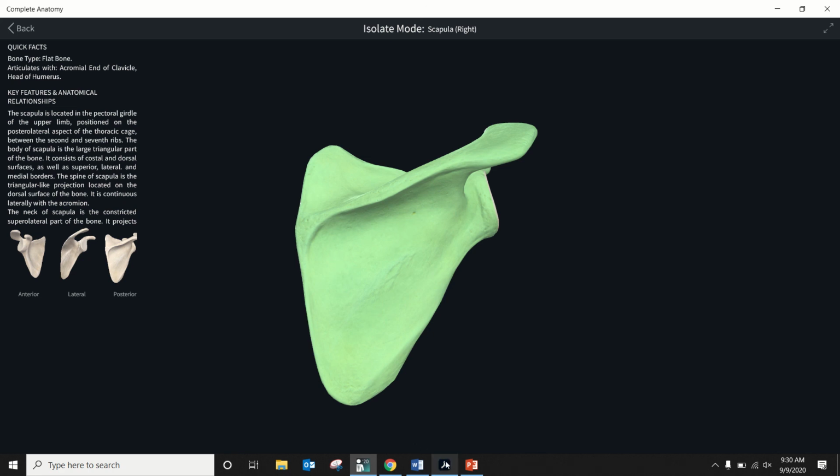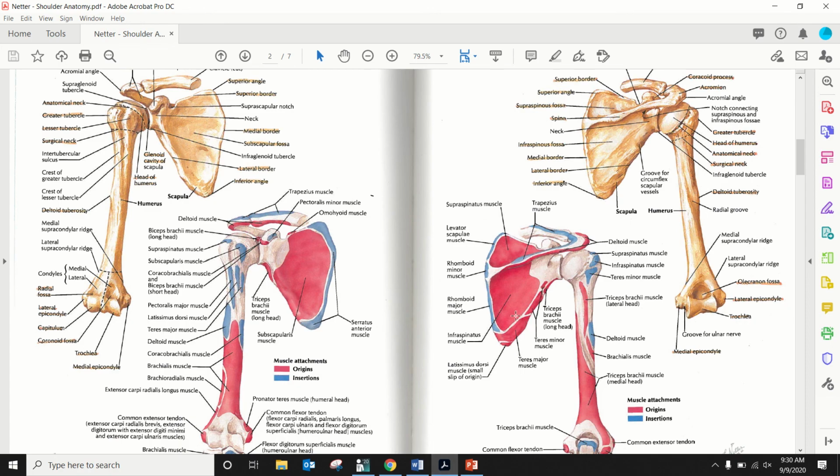To make that clearer, on the muscle origin and insertion view over here, you can see how big this red area is. That's all the infraspinous fossa, and it is the origin of the infraspinatus muscle. Infraspinatus, I-N-F-R-A-S-P-I-N-A-T-U-S.